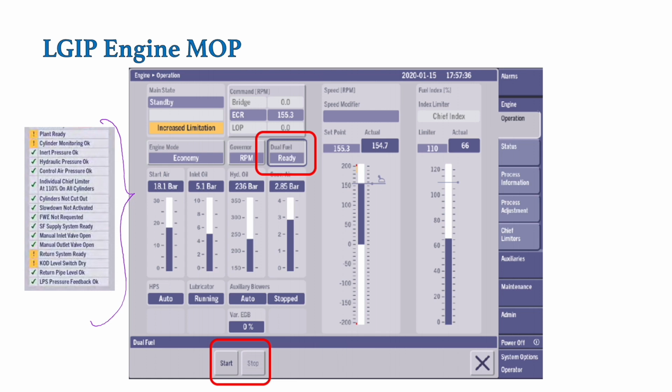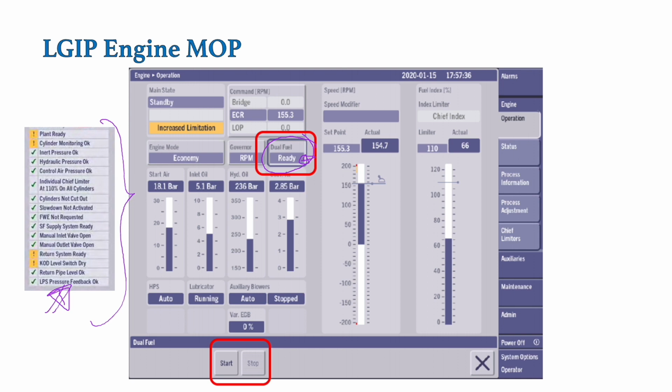As you can see, this dual fuel status is showing ready status. This ready status will come only when all these conditions are met. Otherwise it will show not ready, or basically the dual fuel system is not ready.